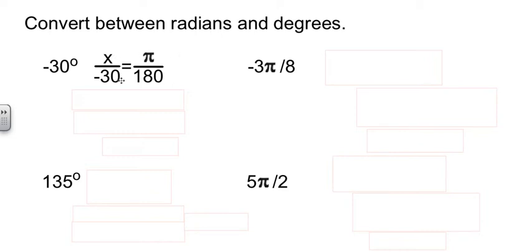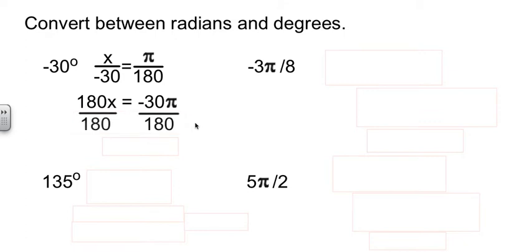I do know the degrees, negative 30, pi to 180. Cross multiply. Now notice here, guys, I'm leaving pi in the problem. You want to leave your answers in terms of pi as much as possible. So don't plug in 3.14, don't use the pi button, just leave it be.